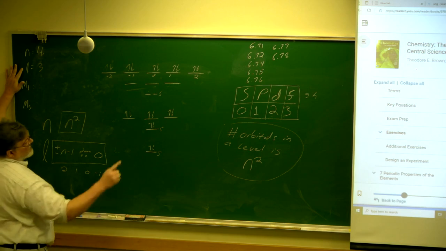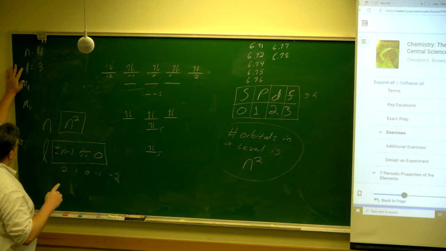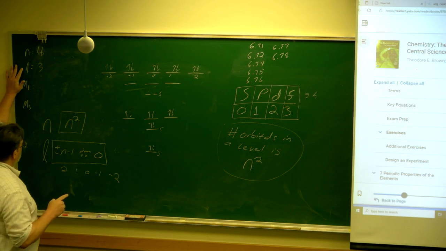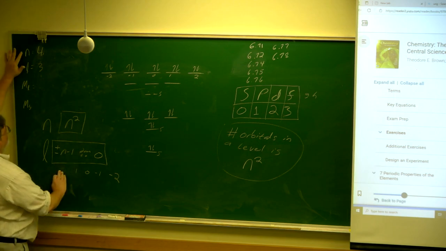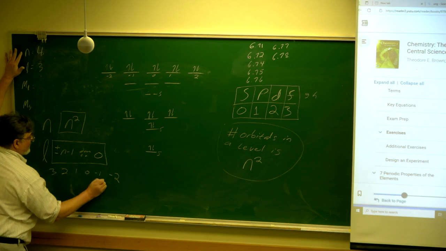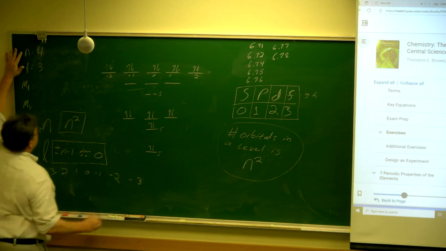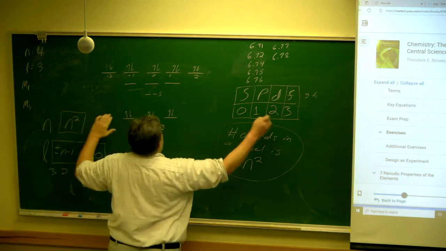And we're in 3. l equals 3. Oh, this is supposed to be n minus 1. So n minus 1 is 3, so we go 3, 2, 1, 0, -1, -2, -3. l equals 3 is the f orbital.